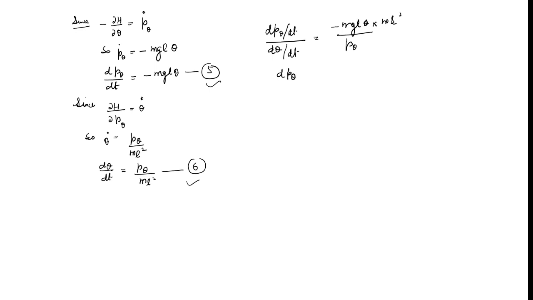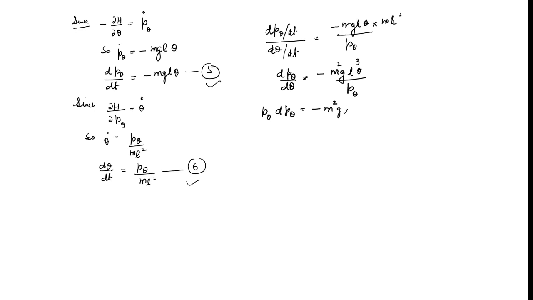So dp theta dt d theta is equal to minus m square g l cube theta upon p theta. Now it is very easy to solve the two sides.